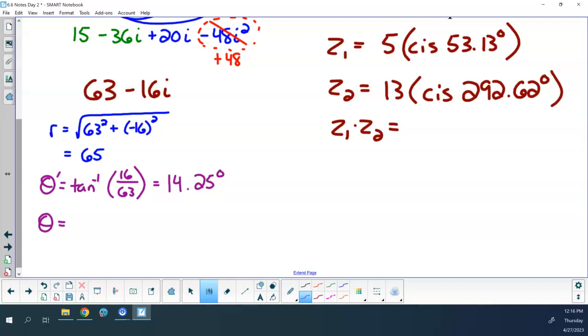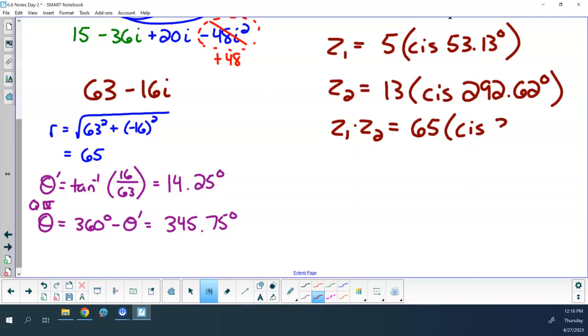So that's positive, negative, that's quadrant 4 again. I get for z sub 1, for 63 minus 16i in trig form, I get 65 CIS of 345.75 degrees.